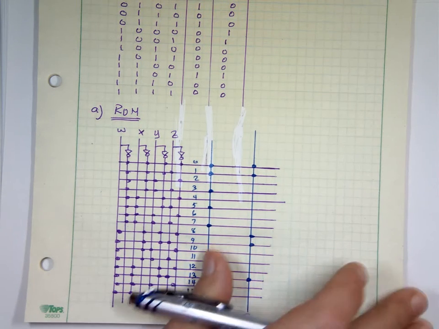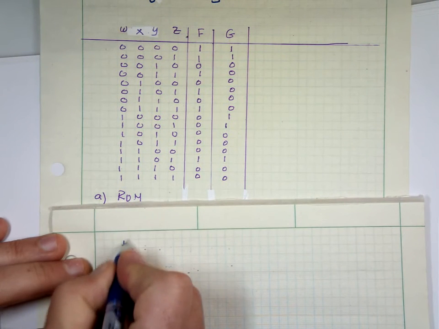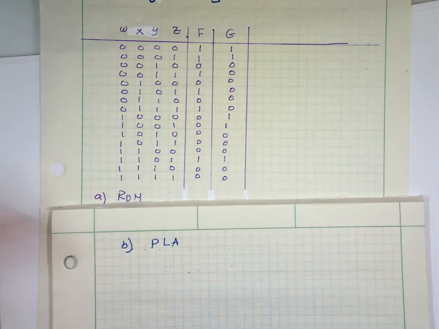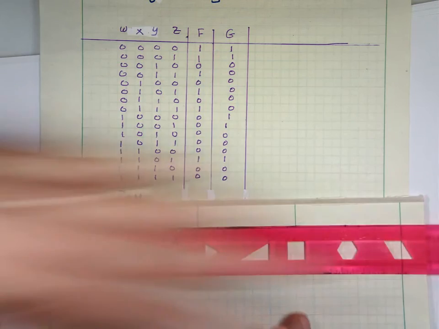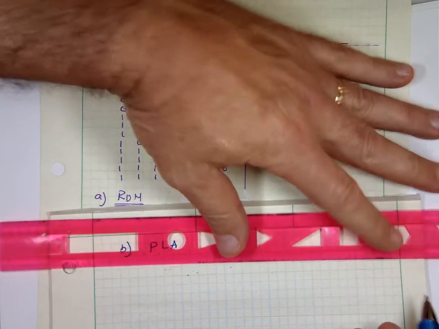PLA. So let's take this function. Same one, we're going to use part B here. We're going to design the same one using PLA. So I got to do a K-map for each one. I got to do one for F, one for G, and see if I can find the matching ones, and hopefully I can group them in 4 terms.